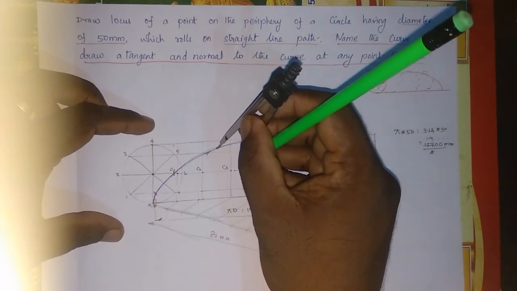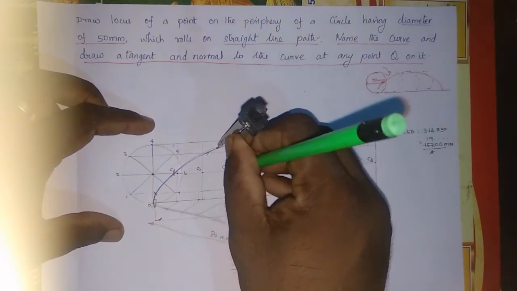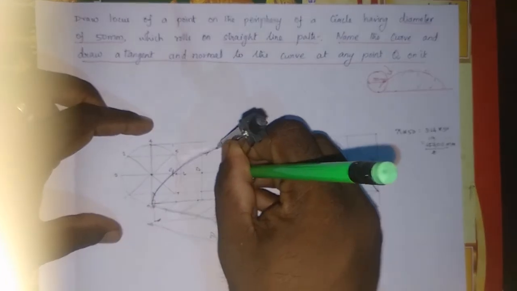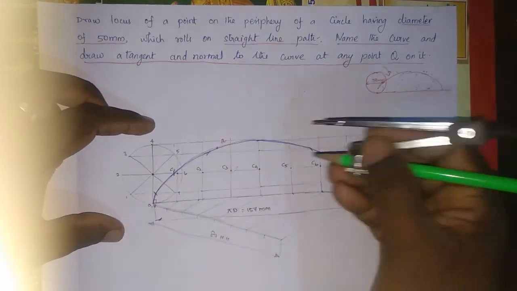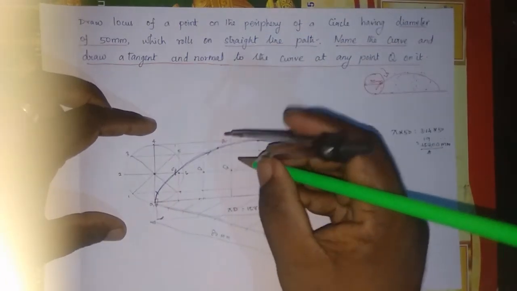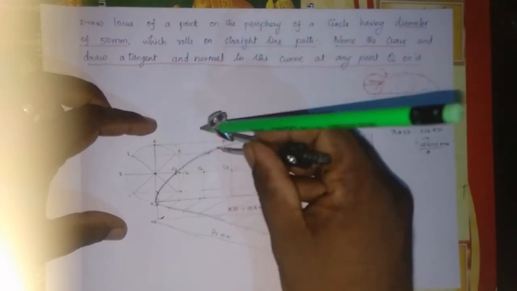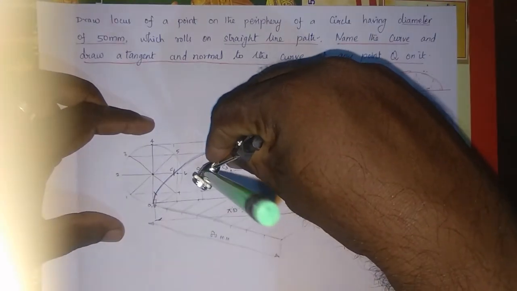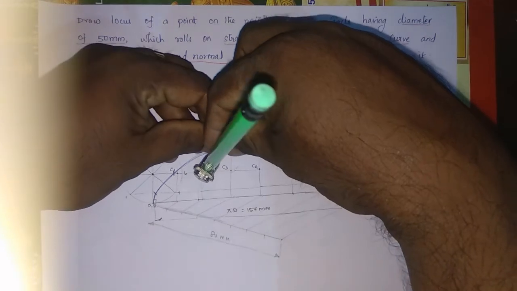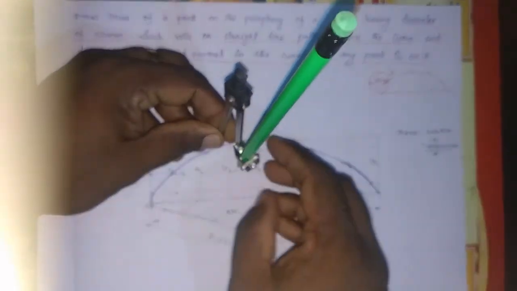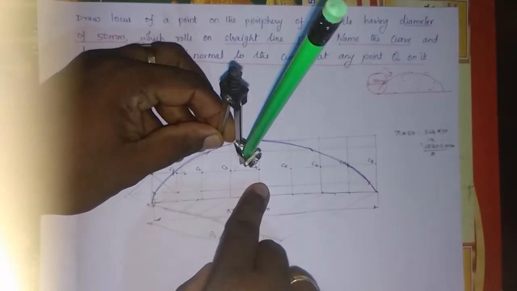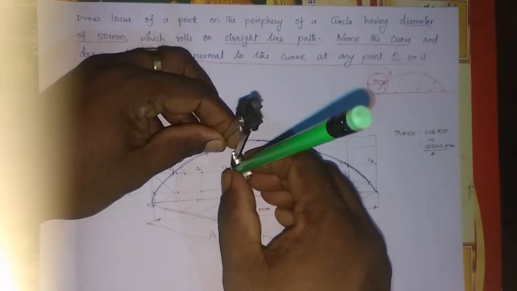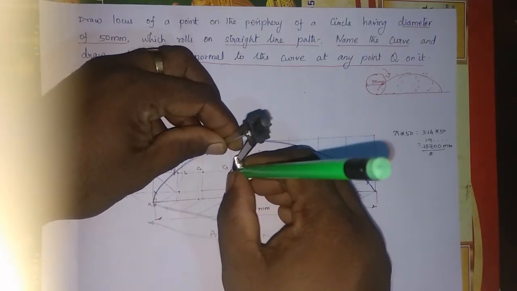From Q I have to draw an arc on the center line. I am taking the arc here, not on this side. You always have to take it towards the center. Here the center is C4, so towards C4 you have to make an arc.